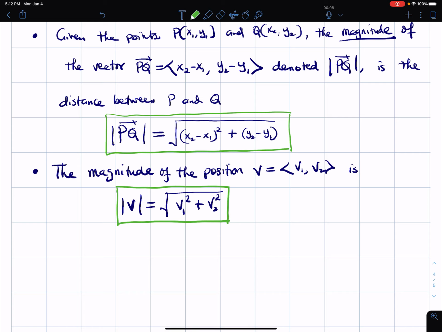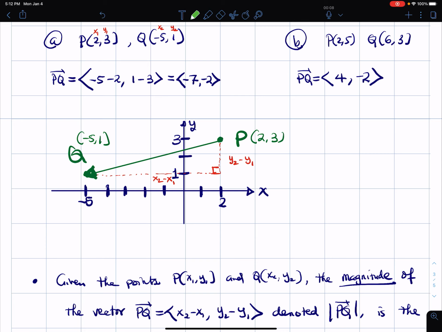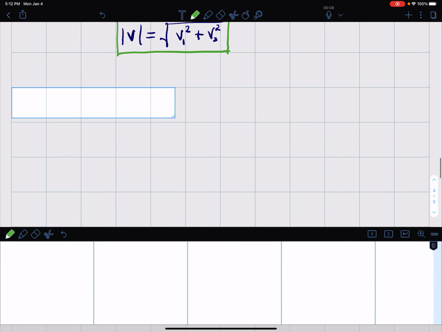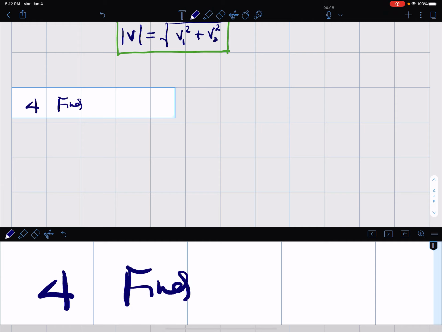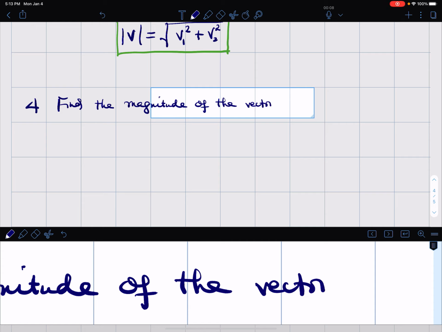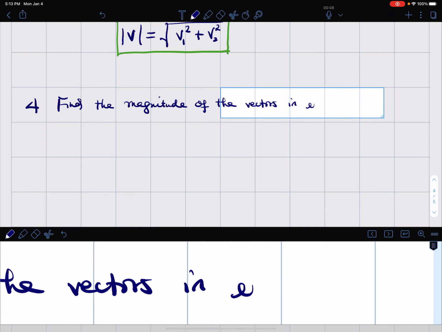Okay, now let us do some examples. Let's say example 4, find the magnitude of the vectors in example 3.